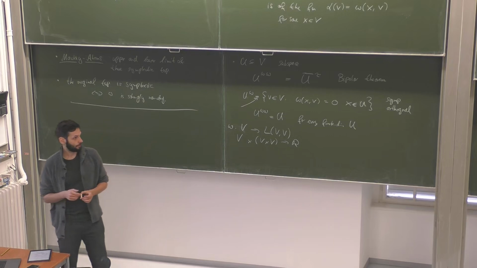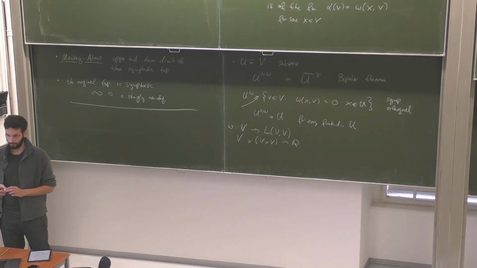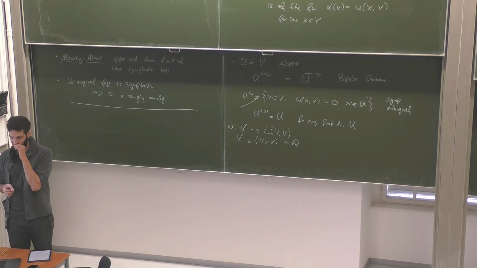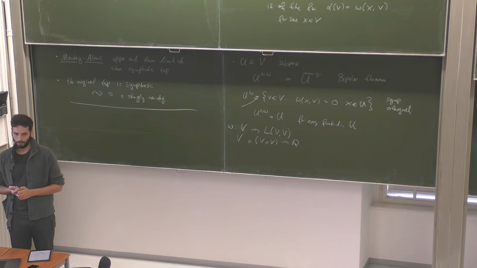Right. I mean, for Darboux in the strongest sense, you also need the Banach space to have a good basis. What do you mean with a good basis? Like a Hilbert space, a Schauder basis. There are Banach spaces without a Schauder basis, and then you don't know how to write it as d of something.